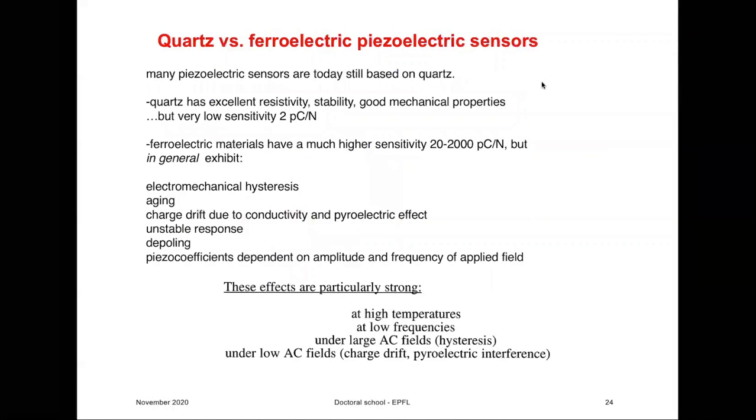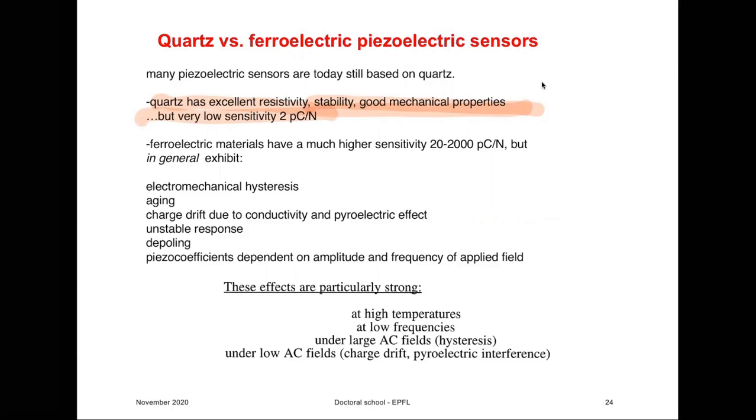So I will finish this part by comparing quartz versus ferroelectric piezoelectric sensors. And when I say quartz, I mean also other crystals which are comparable to quartz, like langasites, gallium phosphate, and so on. Quartz has excellent resistivity, stability, chemical and mechanical, good mechanical properties, but very low sensitivity. So it requires more expensive electronics.